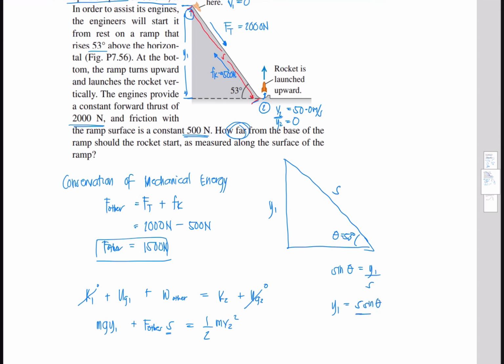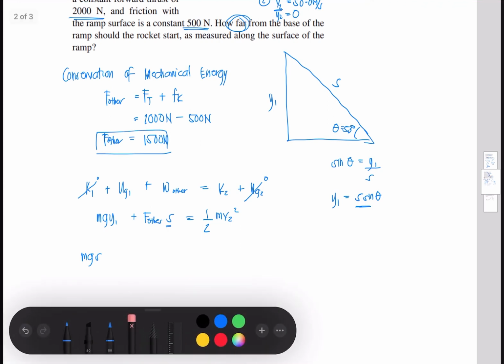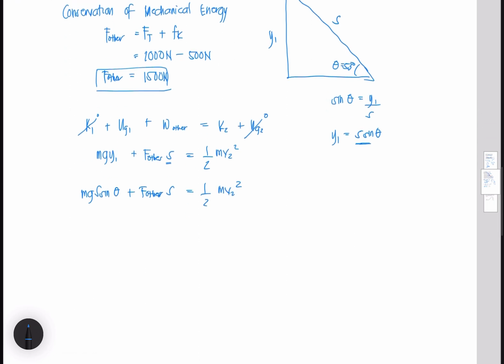And so para at least common yung S natin, substitute na natin dito, mg S sin theta plus F others times S is equal to 1/2 mv2 squared. And so we factor out S para mas madali.